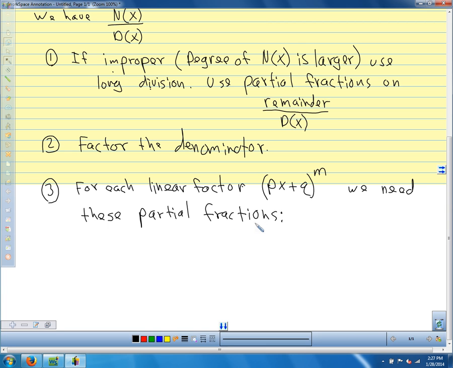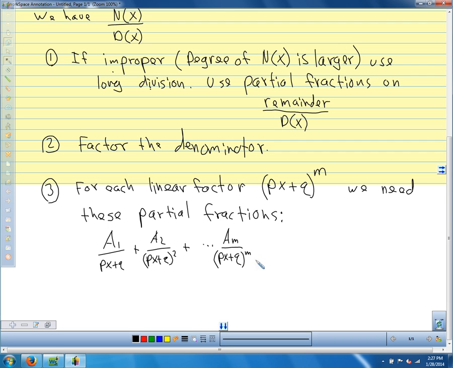So we're going to write a1 over px plus q plus a2 over px plus q squared plus dot dot dot all the way up until we get to m, plus a sub m over px plus q to the m power.